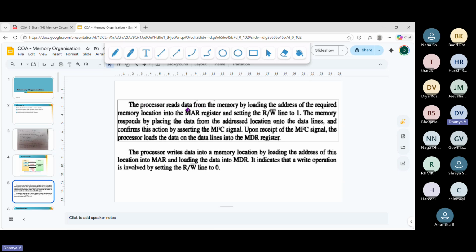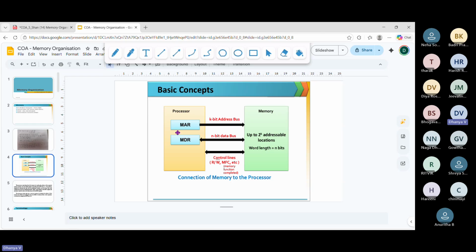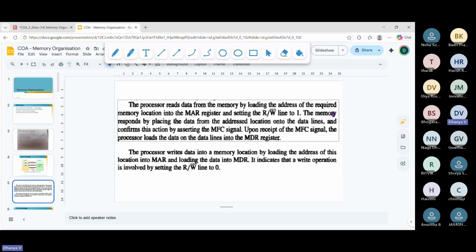The address is first stored into your MAR, and in the case of a read operation, the control line R/W bar is 1, and for write it is 0. After this is done, the memory responds by placing the data from the address location onto the data lines and confirms this action by asserting the MFC signal.